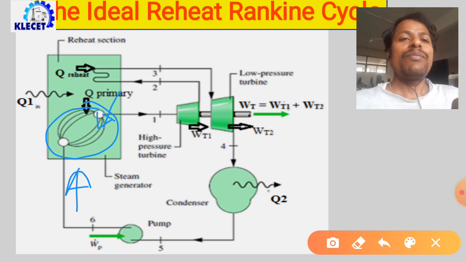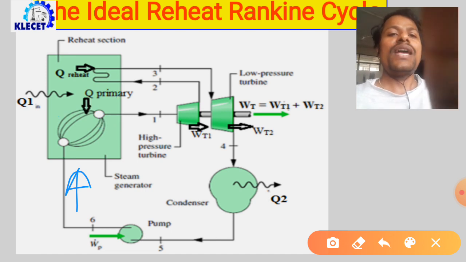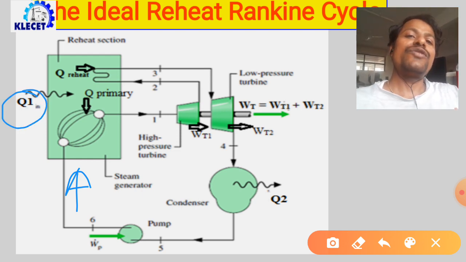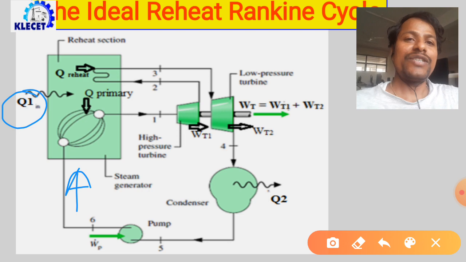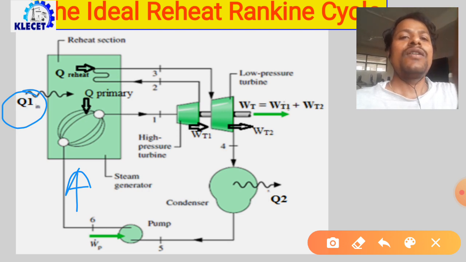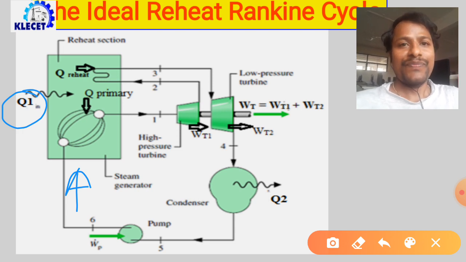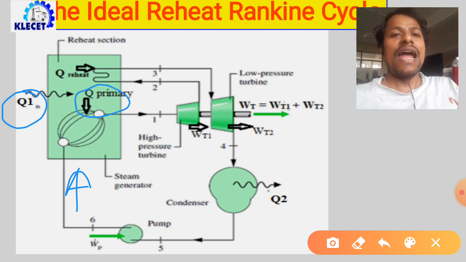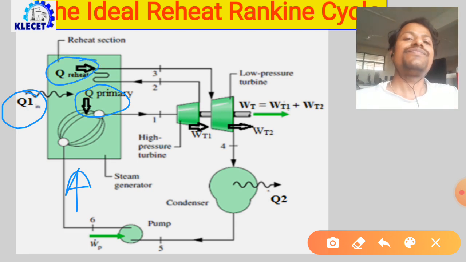Dear students, please remember, here we are supplying Q1 amount of heat energy into the boiler. So, this is the total heat generated inside the furnace. Q1 is the algebraic sum of Q primary and Q reheat.